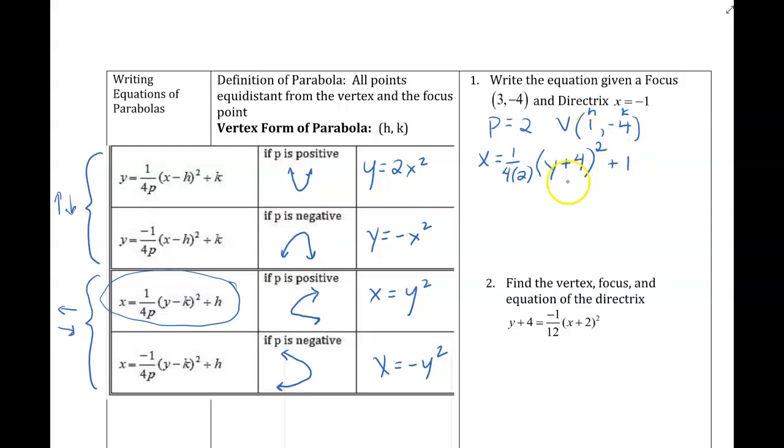I'm not switching the sign; you only switch the sign when you're inside the parentheses. So then I can clean this up to be x equals 1/8 times (y plus 4) squared, plus 1. And that would be my final equation.